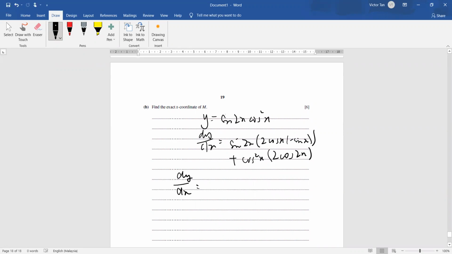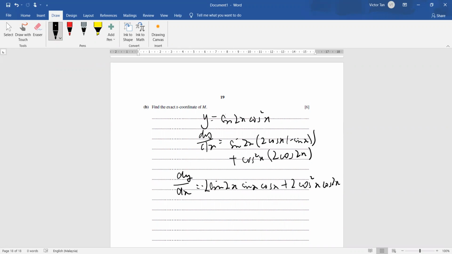So this is sine 2x, it's minus 2 sine x cos x plus 2 cos square x cos 2x.